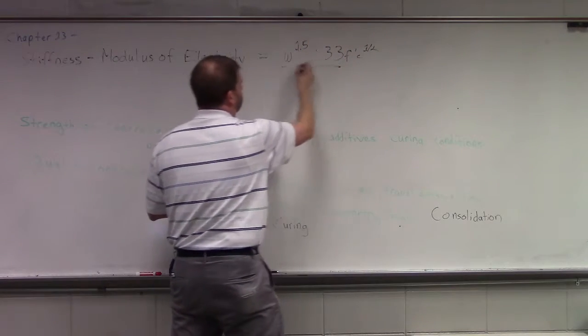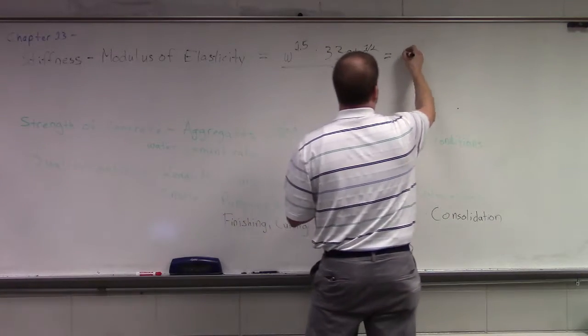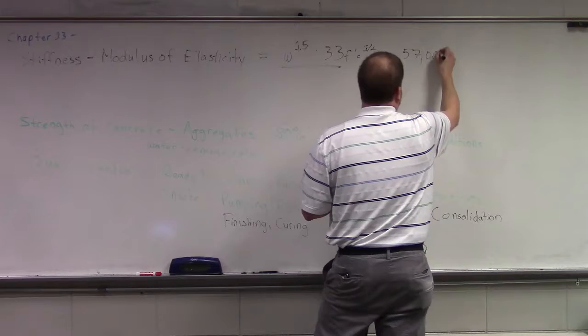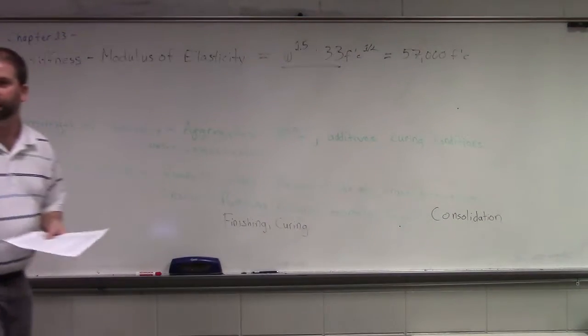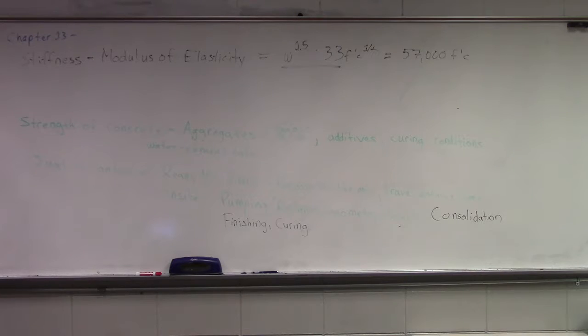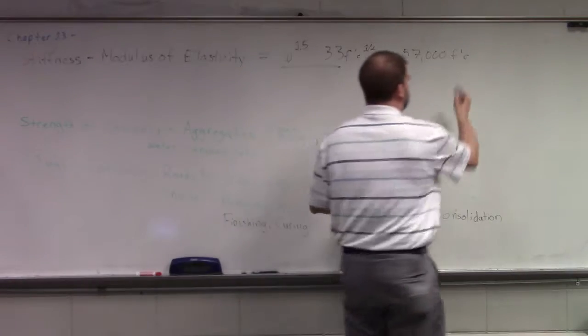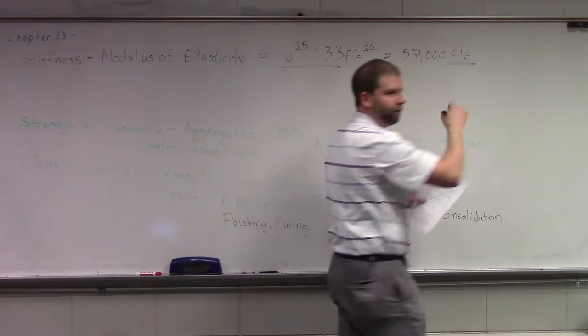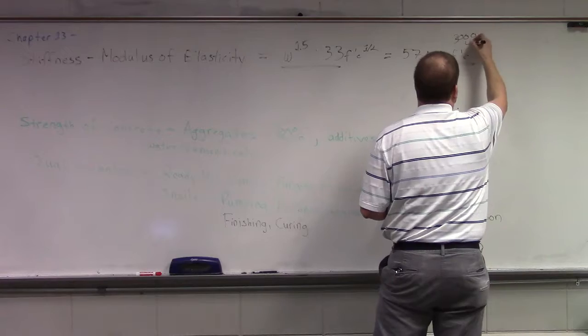We don't have to worry about this portion, and we're not going to do any design. I just want to make sure that you're aware that from a design standpoint, what we're talking about is 57,000 times the square root of f'c. That's what the structural engineers use in coming up with this modulus of elasticity. f'c is our design strength of concrete, so typically going to be 3,000, 4,000 psi.